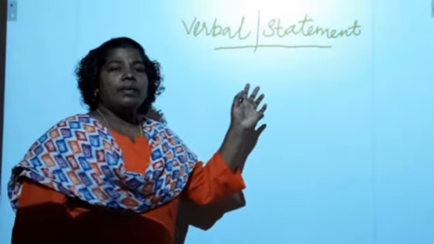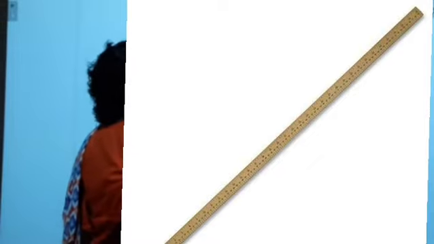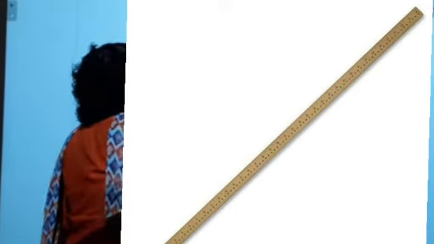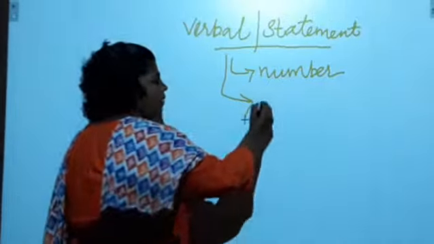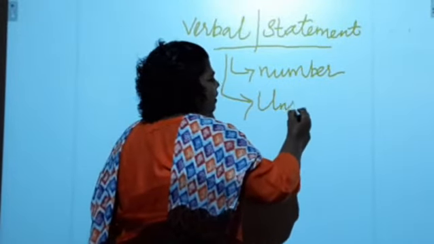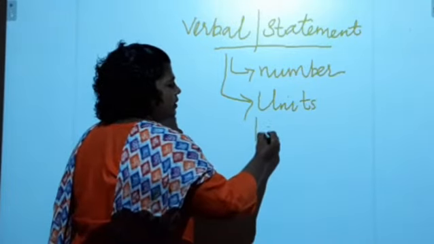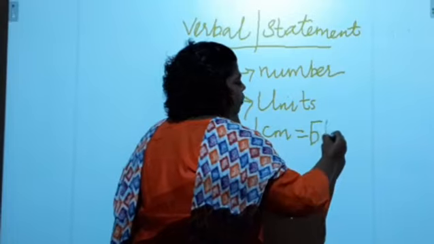The verbal scale shows in number. Okay, it shows in number. The verbal scale shows in number, and this scale is marked in units. Okay, it is marked in units. For example, 1 centimeter is equal to 5 kilometers.